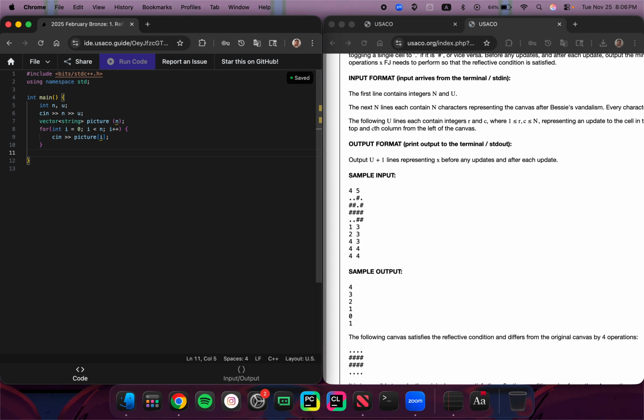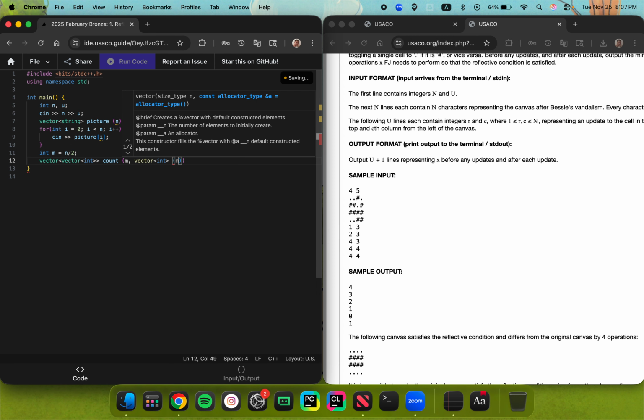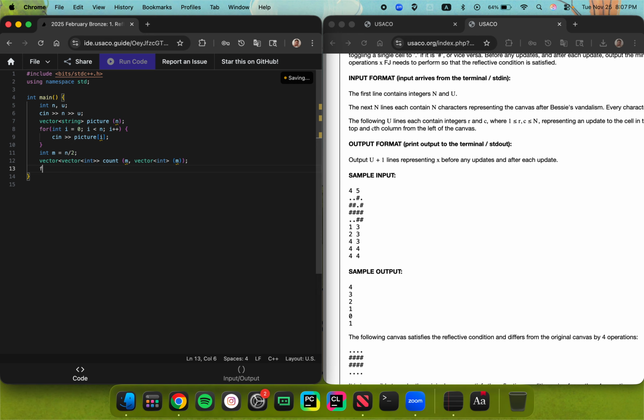So we have a vector int count, which is of size, let's put m is equal to n over 2. This m, vector int count of size m by m, and then for int i is equal to 0, i smaller than n, i plus plus.